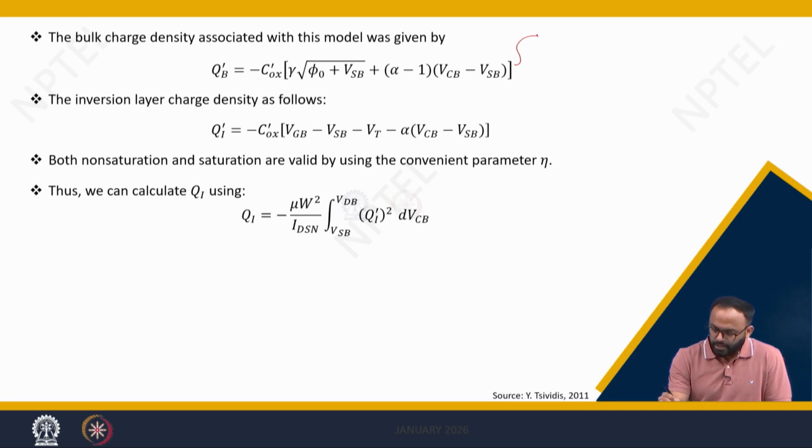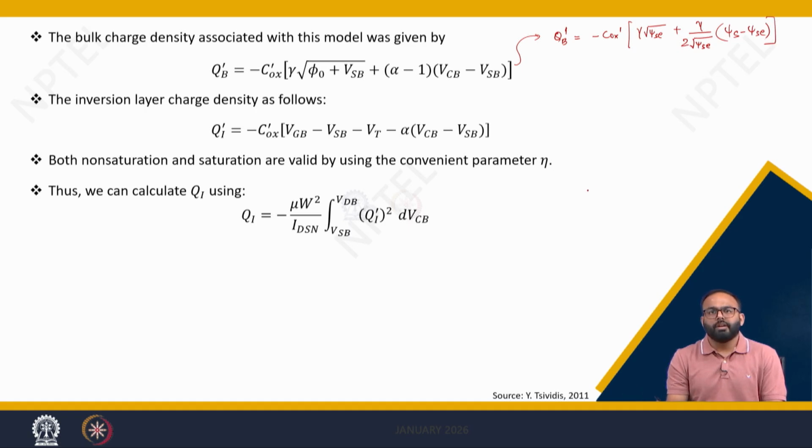So, if I write for Qb', this will give me Cox' into gamma into root psi_SE plus gamma divided by 2 times root psi_SE into psi_S minus psi_SE. That is what we discussed when we were discussing the expansion point or the linearization of the bulk charge.